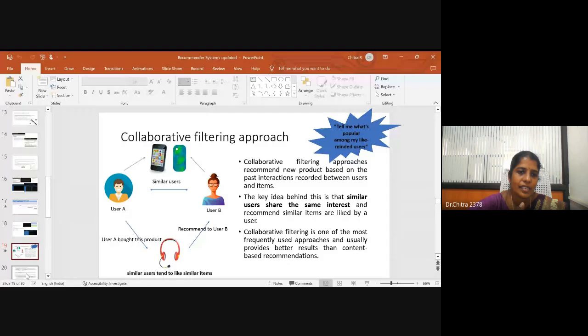A is eating grilled chicken, and B is eating chicken tandoori. Then if user A bought extra mayonnaise or jam, that is also recommended to user B. That's the concept of the collaborative filtering approach. For similar users, if one of the users purchased a new item, that is also recommended to user B.